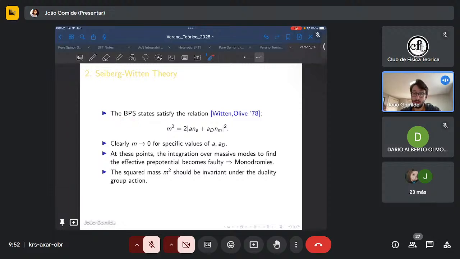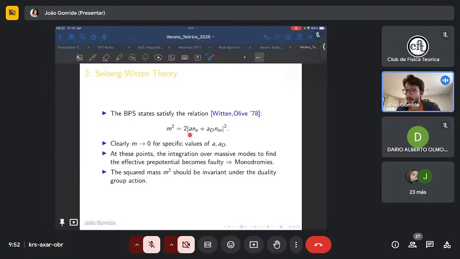The important thing for us is that they exist also in Seiberg-Witten theory, in N=2, D=4 Yang-Mills, on this vacuum. Giving an expectation value for the vacuum, or that VEV that I wrote before, actually introduces this central extension to the algebra, and there are states which have a mass.